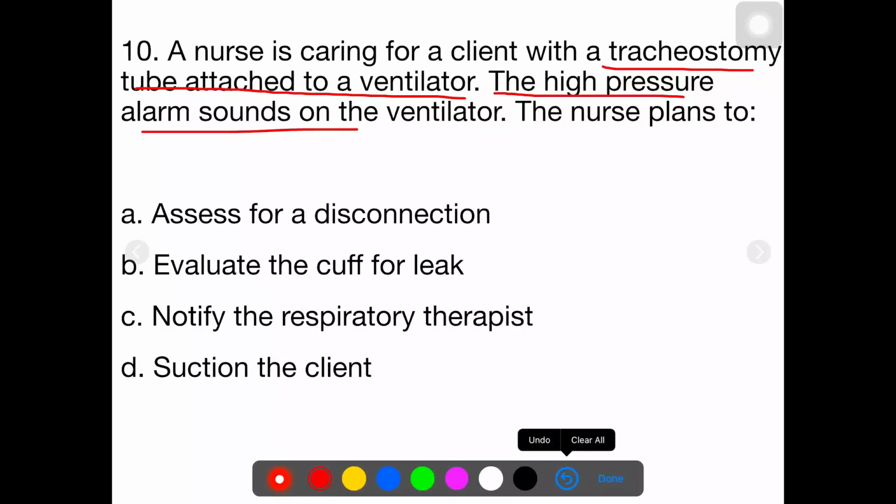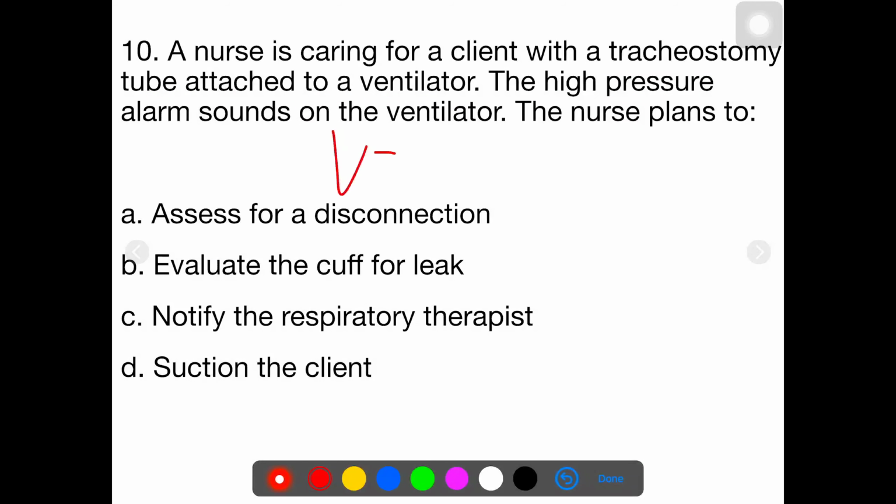We will go back to the basics. A ventilator has two sounds: a high alarm sound and a low alarm sound. When you say high alarm sound, it means there is an obstruction. When you say low alarm sound, there is a leak somewhere between the patient and the ventilator.